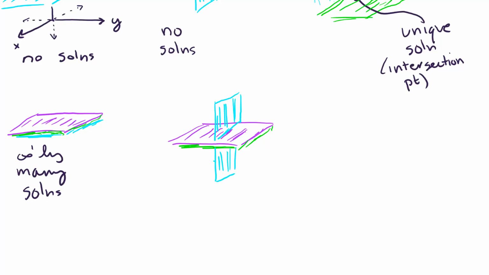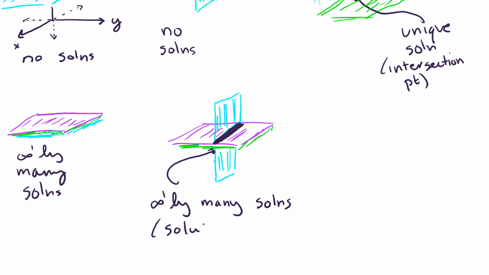And in this case, the intersection is that line right there. So again, we get infinitely many solutions all lying on that line, but the solution space is a line.